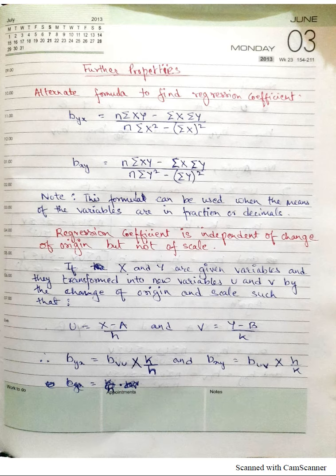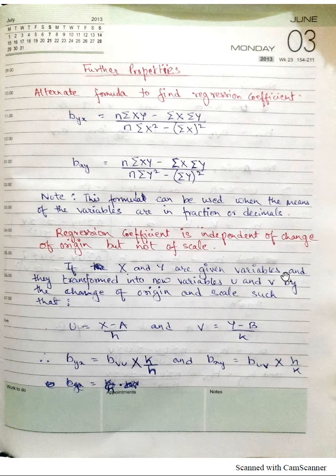That is, if the origin of the variables changes, there will be no effect on the regression coefficient, but if the scale of the variables changes, the regression coefficients will also correspondingly change.